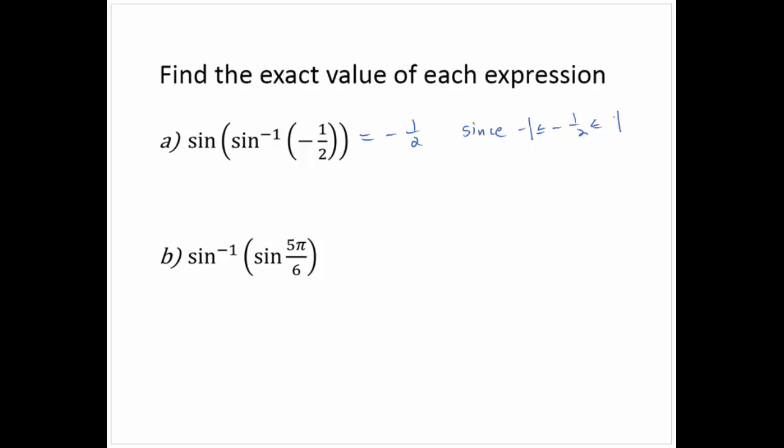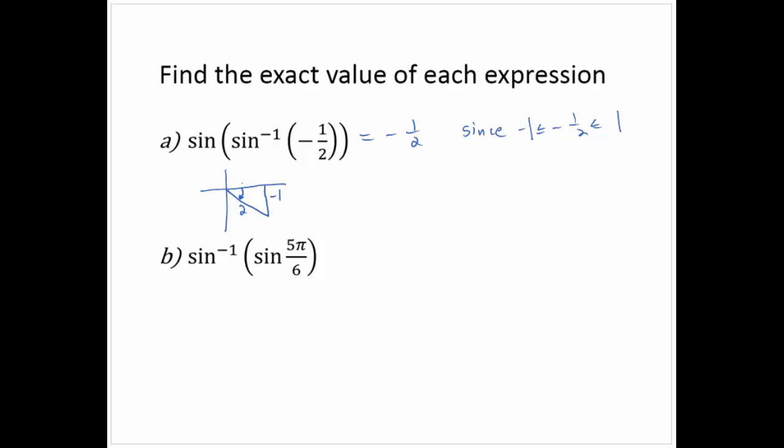Now, if you want a little bit more detail, what we learn in trigonometry is that sine inverse of negative 1/2, one way we can think of it is, what angle between negative pi over 2 and pi over 2 has sine negative 1/2? And so you would draw a reference triangle, and the references would have a negative 1 here and the 2 here, and this is a reference angle.